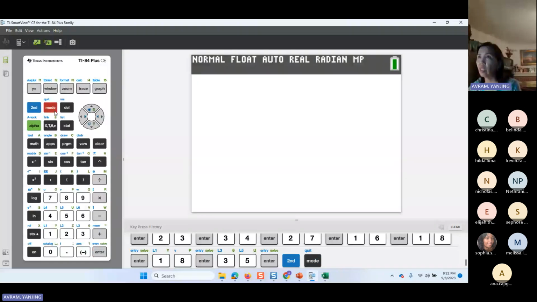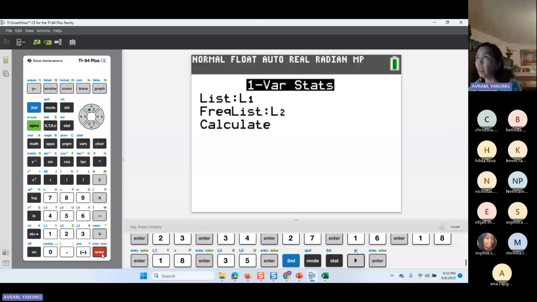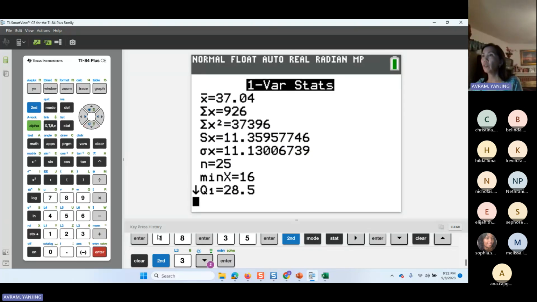So we're going to go to stat, calc, using one variable calculation. I don't have a frequency, my frequency default will be 1. So now I'm going to change this one into L3, so second 3 is L3. Make sure I use the right data and then I hit calculate. Now I have my mean here is 37.4, and that is my sample standard deviation, that's my population standard deviation.